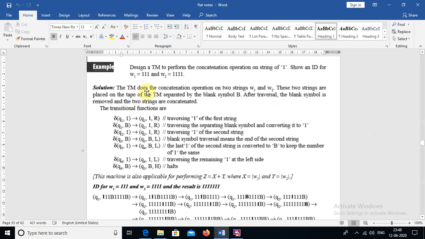simply the concept is you can place w1 and w2 into the input tape, but both can be separated with a blank symbol.